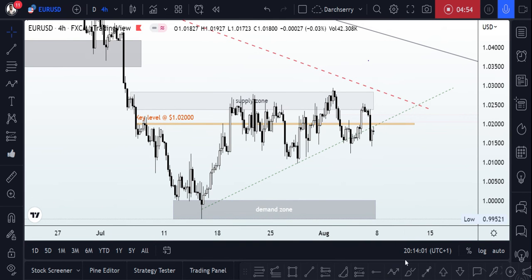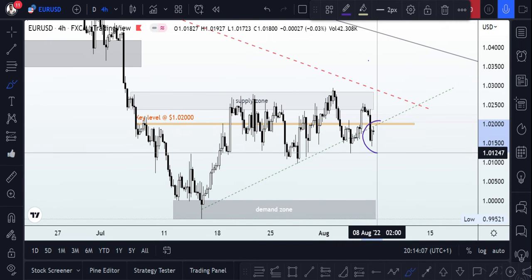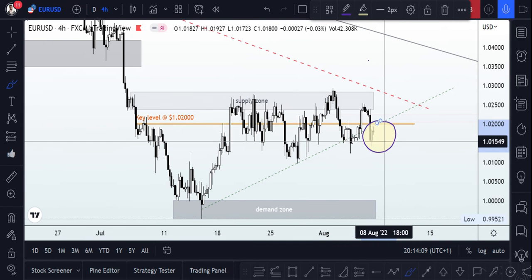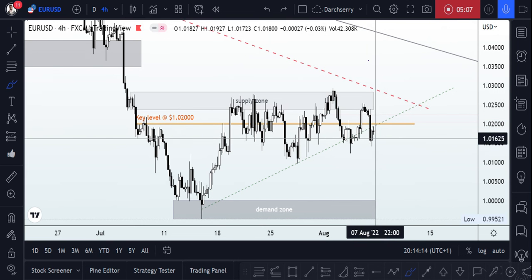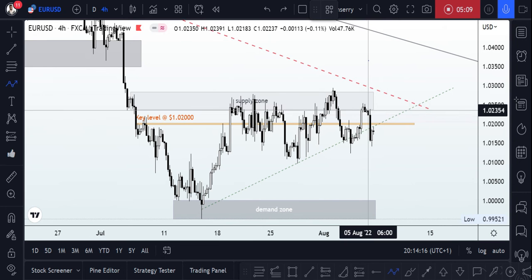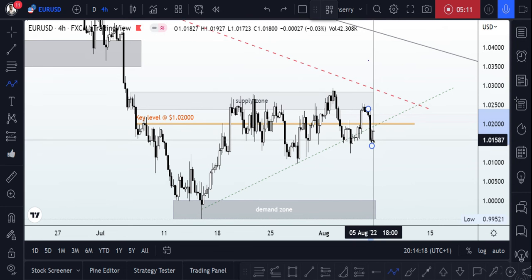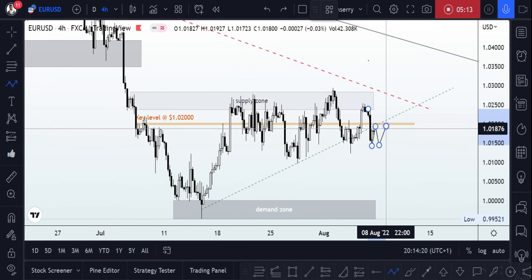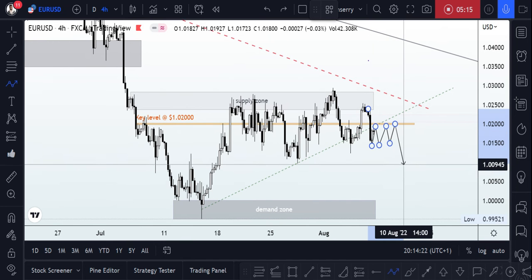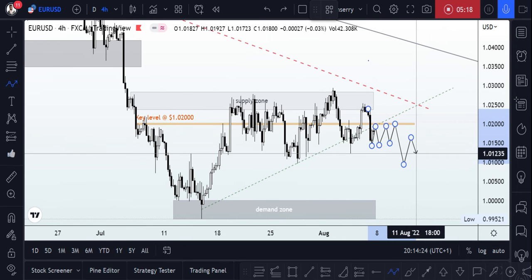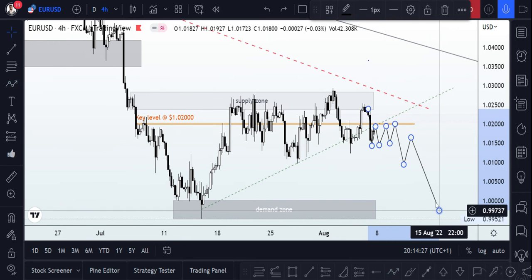So one thing I want to be doing during the early hours of the new week is to look at how price action is going to relate with this level around here. Am I going to be seeing a falling wedge? Am I going to be seeing a bearish rectangular pattern in such a way that we see a consolidation phase before a breakdown retest of structure that will send price to the downside?